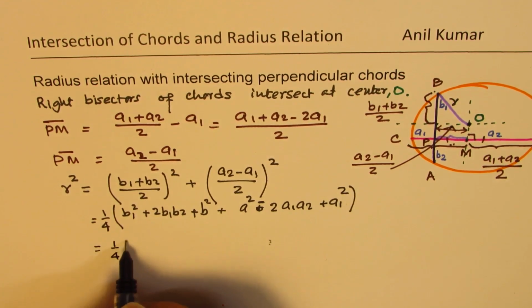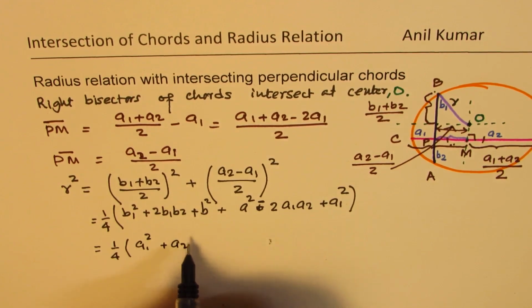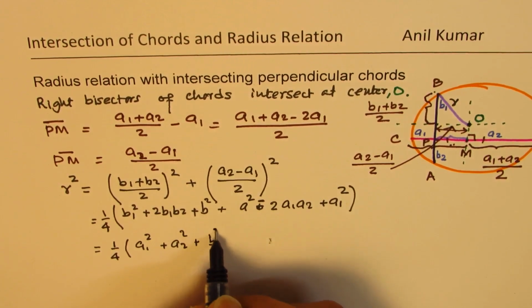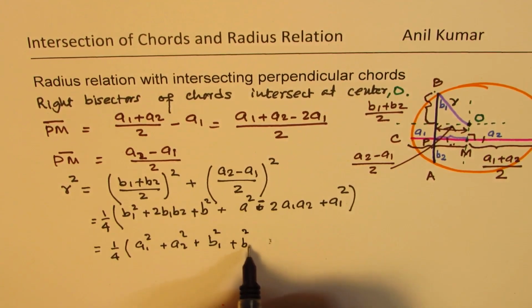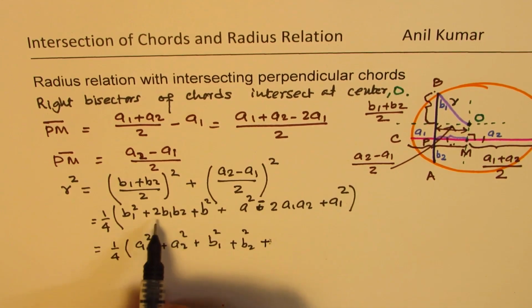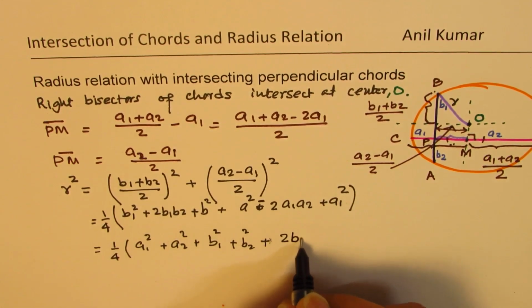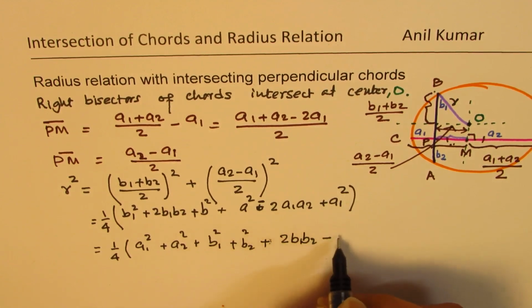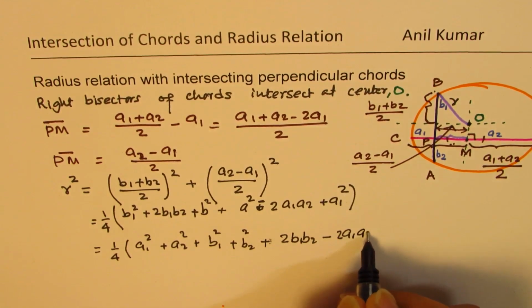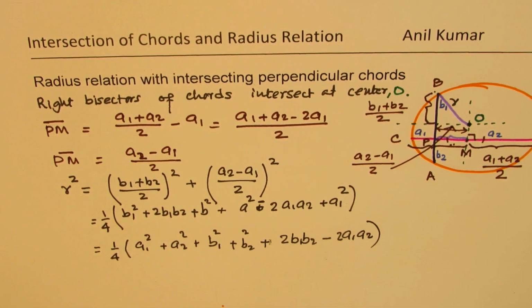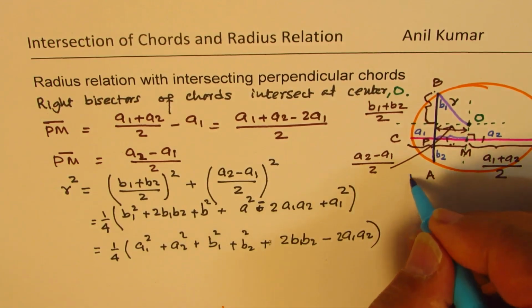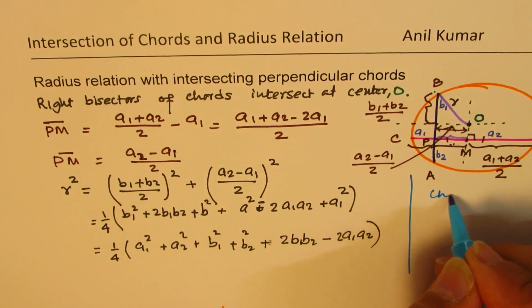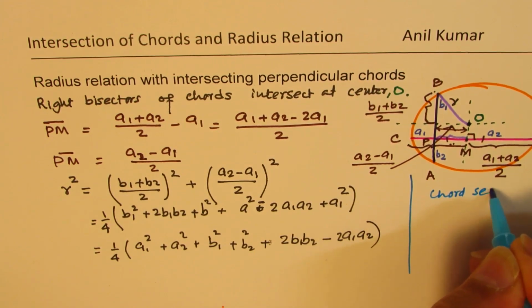Write this as 1 over 4 times a1 square plus a2 square plus b1 square plus b2 square plus 2b1 b2 minus 2 a1 a2. Clear? Now from the chord segment theorem earlier, we know, earlier we did the chord segment theorem, right?